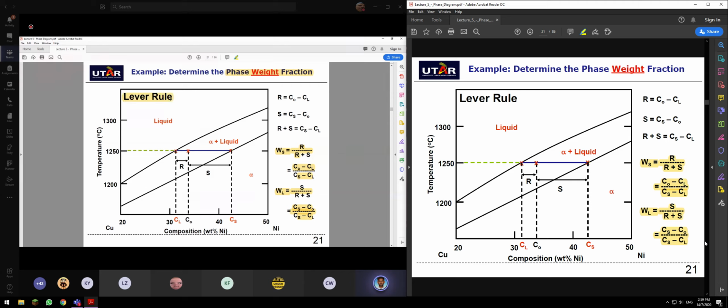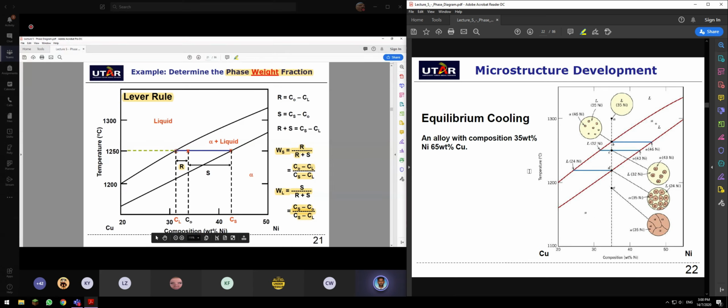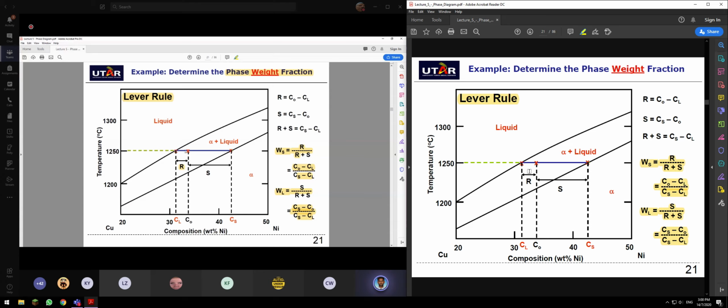The step is like this: R divided by R plus S. It means that to find the phase weight fraction, R is the difference between C0 and CL, divided by the difference across the whole region.